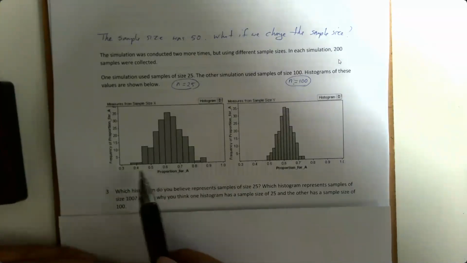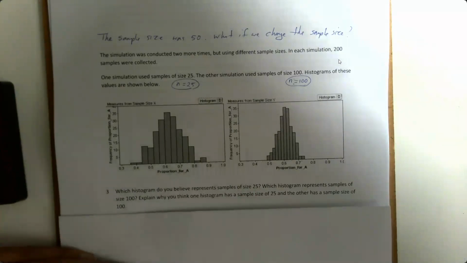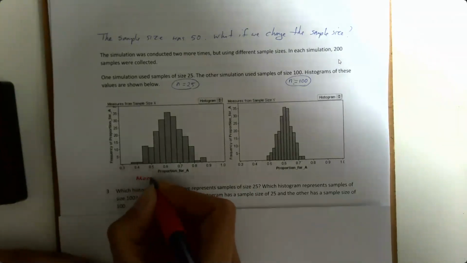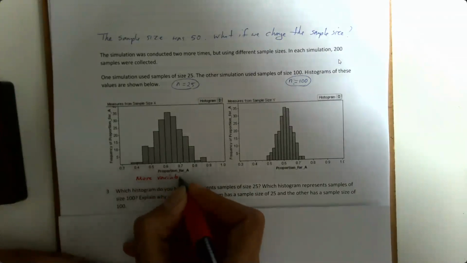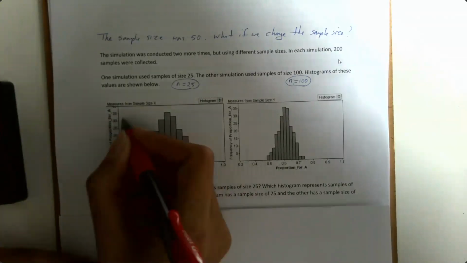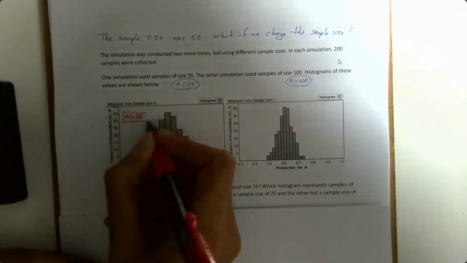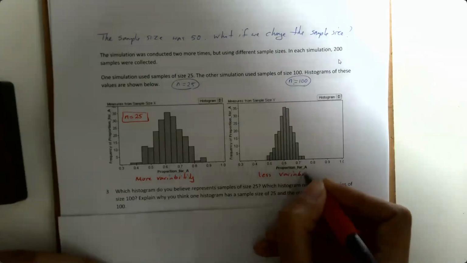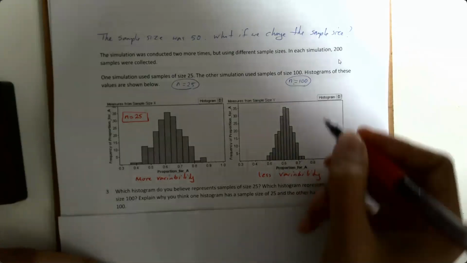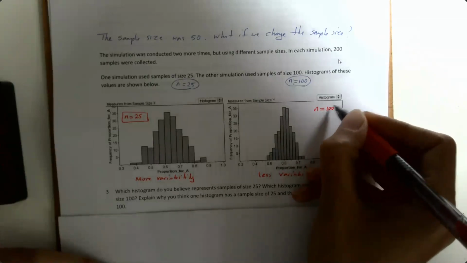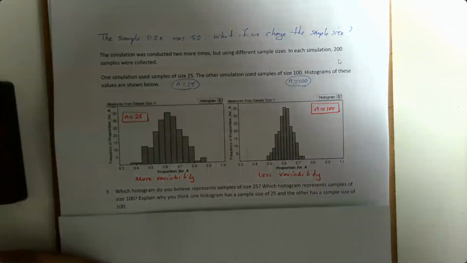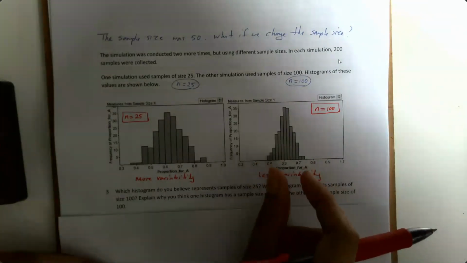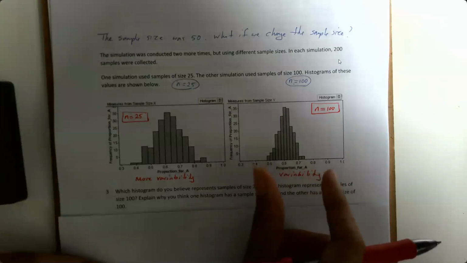The graph is more dispersed, more variability, and sample size is 25. Less variability, N is 100. So I expect you to conclude that if we increase the sample sizes, the graph gets narrower and narrower.